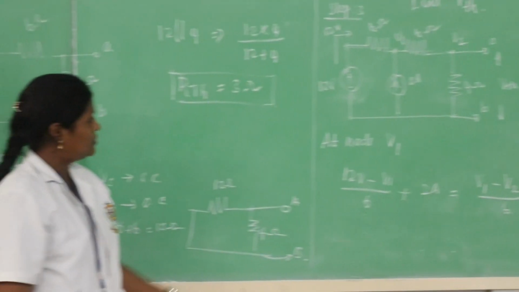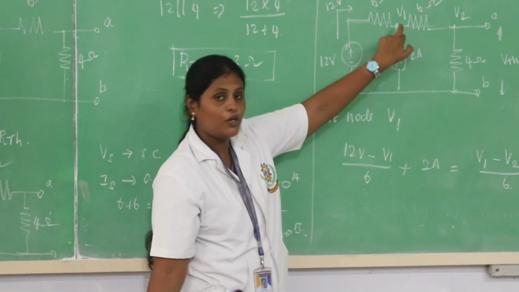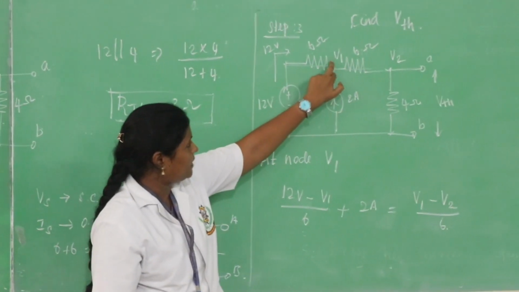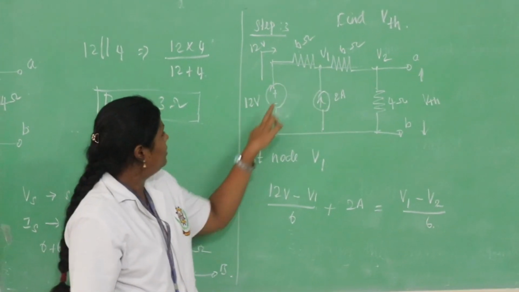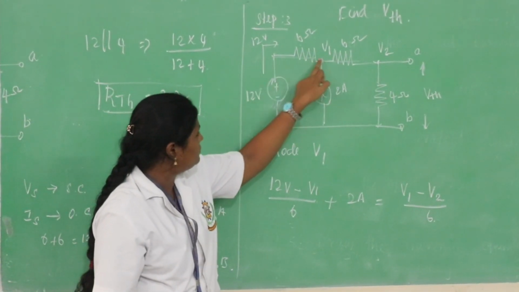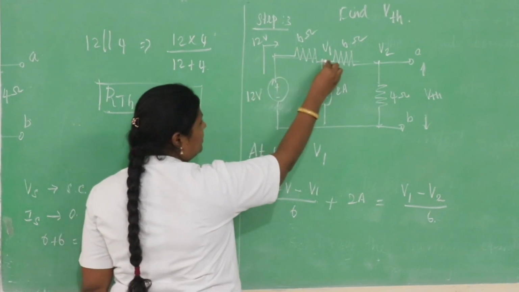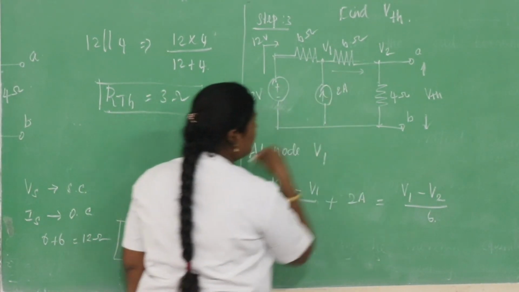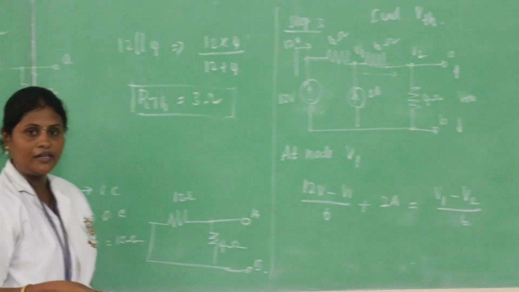Okay. So, here we are applying nodal analysis at this particular node V1. The incoming current is this 12 volt branch and this 2 amps, and this one is outgoing. So, incoming current is equal to outgoing current.